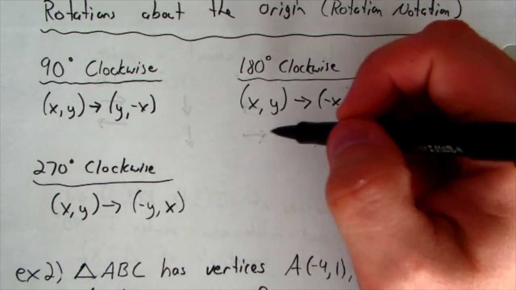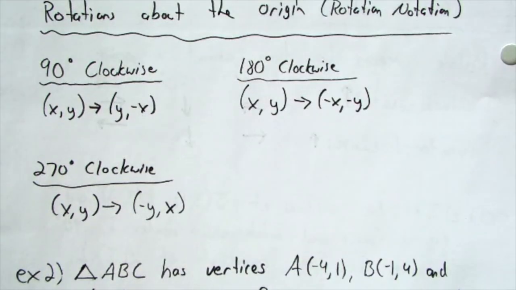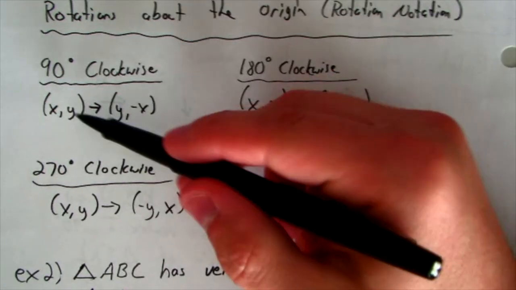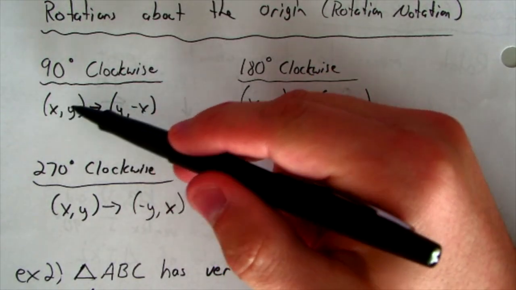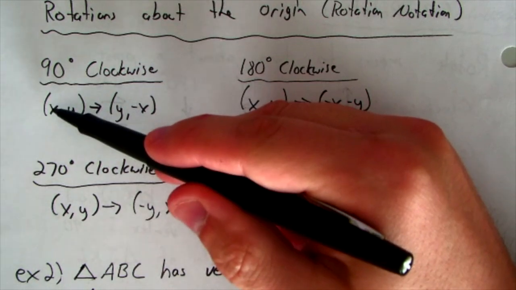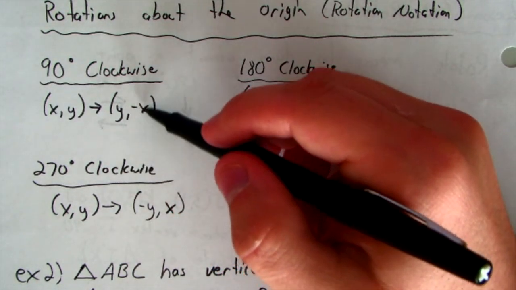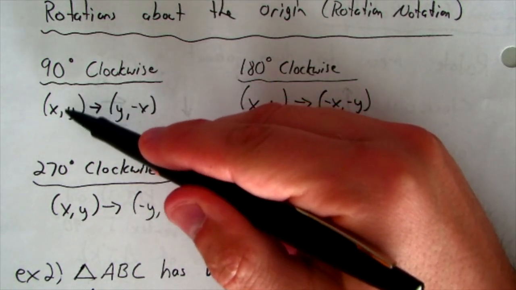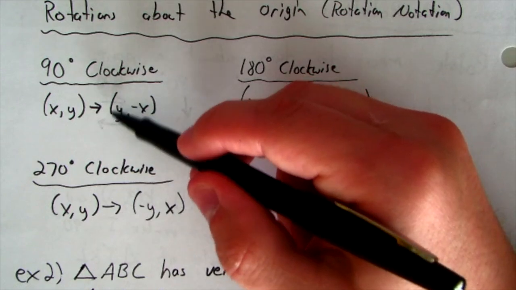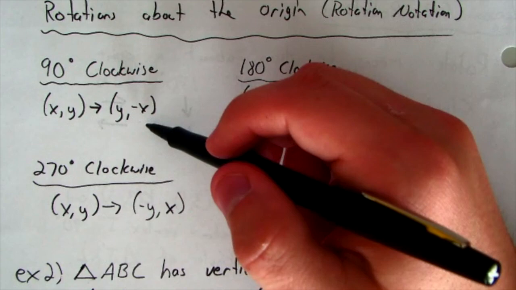But when we start graphing this, what we're going to be looking at is changing x and y. So the x here really becomes the y coordinate in our second ordered pair. And the y of our original, the pre-image, becomes the first part of the ordered pair in our image. I know that might be a little bit confusing, but we'll do some examples.